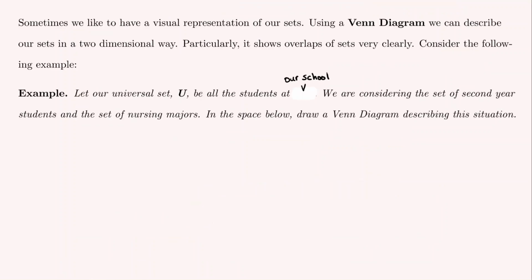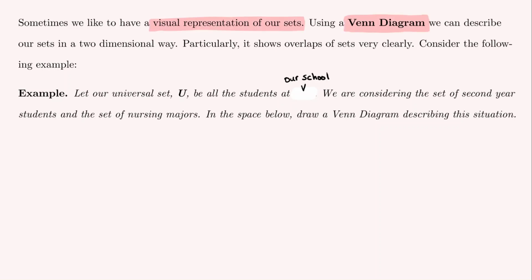Now, as we think about various sets and their subsets and where elements are located, it can be very helpful to have a visual representation of the set. And in order to have a visual representation of the set, we are going to turn to Venn diagrams.